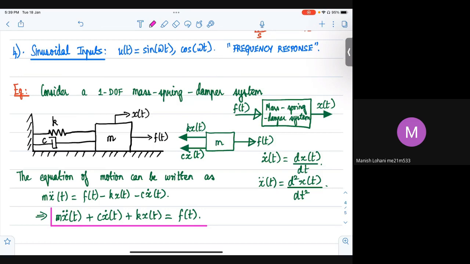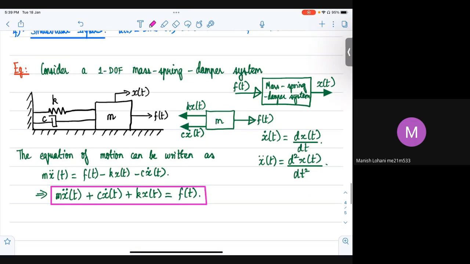We can observe that for this 1 degree of freedom system, we get a second order linear ordinary differential equation as our mathematical model of the system.